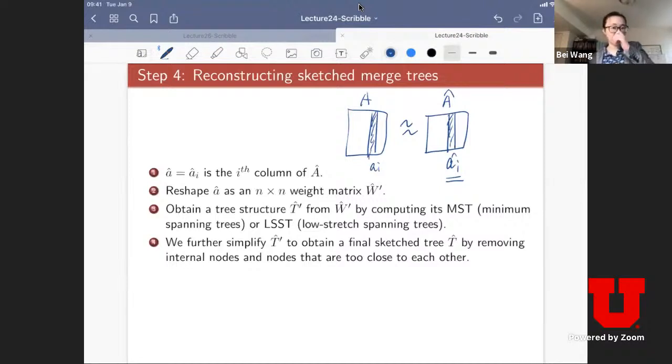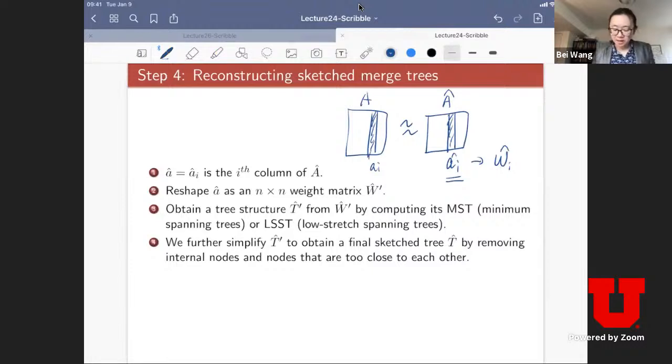Remember, originally A_i is a linearization of a weight matrix. Now, what I can do is take this high dimensional vector A_i hat and make it back into a square matrix, okay? So this is called W_i hat.